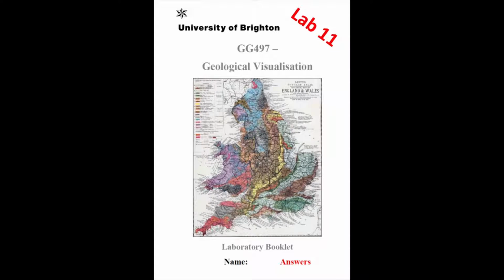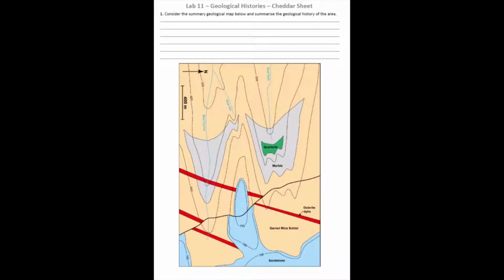But this week what we're going to try and do is understand how we can use geological maps to understand geological history specifically. The first half of the lab gives us one of our thought experiment maps, one of our generic maps, which has a series of cross-cutting features that allow you to work out the order of events which have happened to that area.